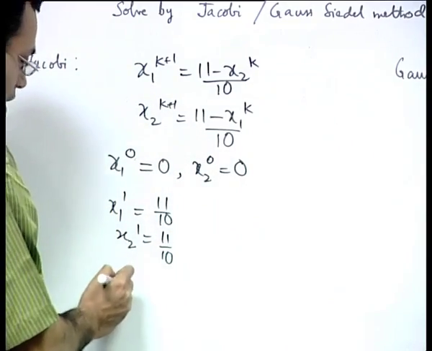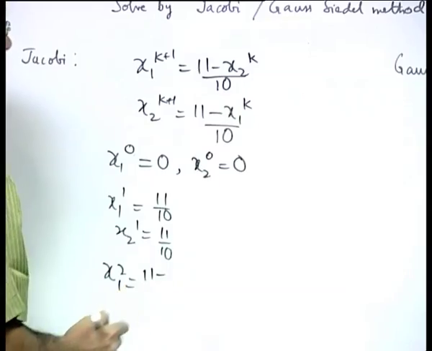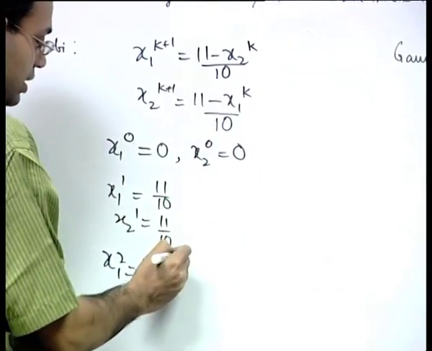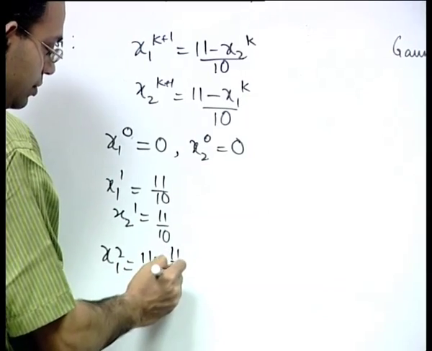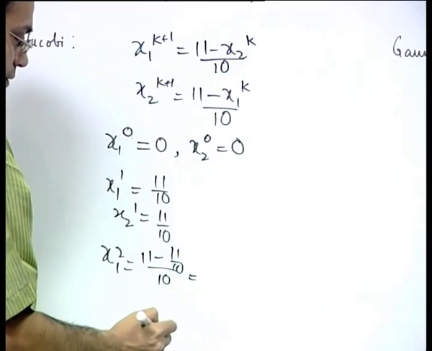Next step, x1 2 is equal to 11 minus x2 1, that is 11 minus 11 by 10, all by 10. So, 99 by 100.